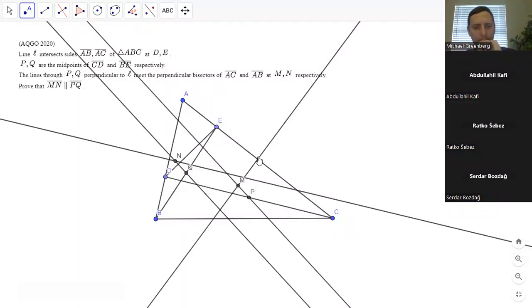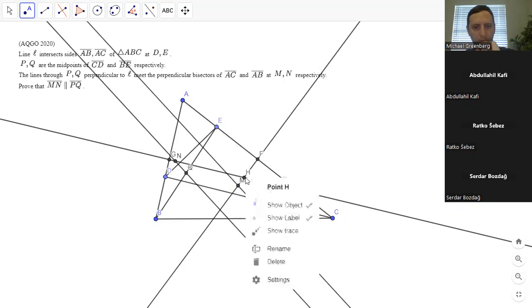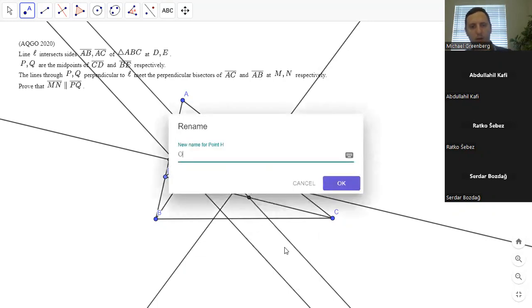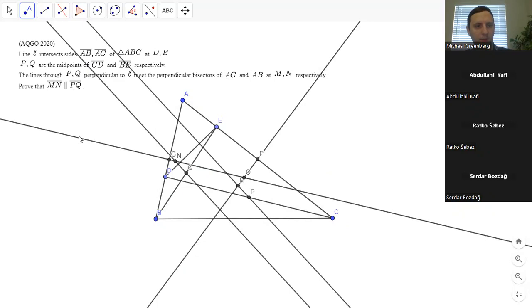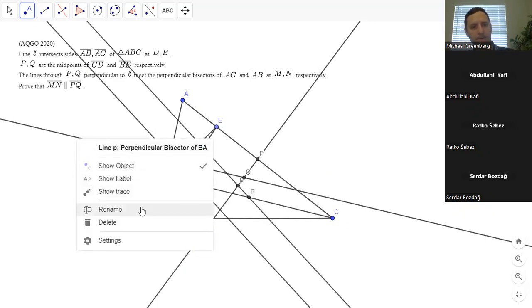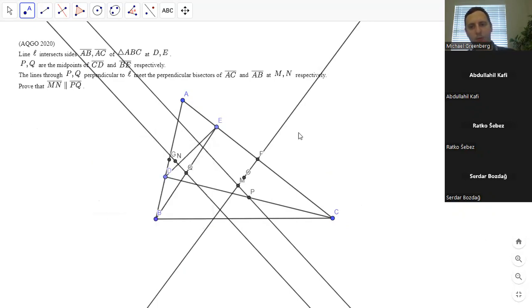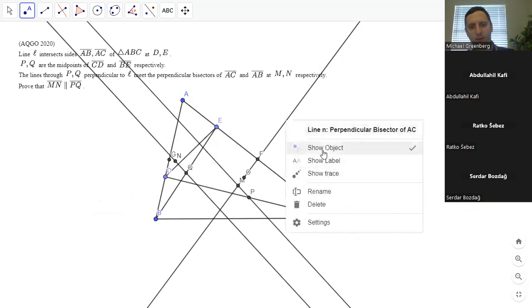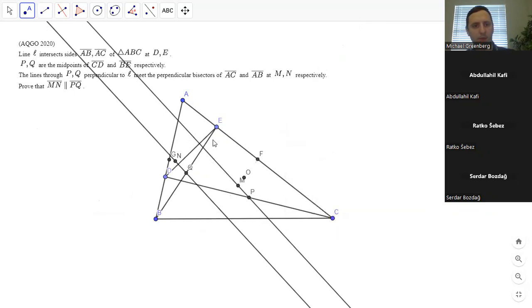Okay. Let's draw the midpoints of these sides, F and G, and the circumcenter should be where they intersect, so that should be O. All right, and now I will make it look nicer. So yeah, once I add the tools, there's probably a way to draw this faster, but for the time being, this will do.